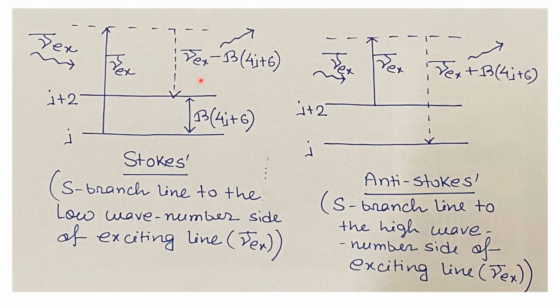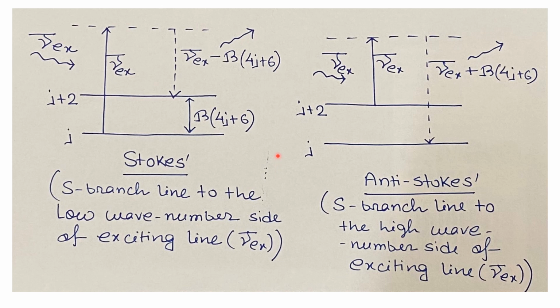So the emitted radiation has the wave number nu Ex bar minus B times (4J plus 6). If we see carefully, the emitted radiation has less energy than the incident photon. So some energy from the incident radiation is absorbed in this system. So for the Stokes line, the S branch lines lie on the low wave number side of the exciting line.